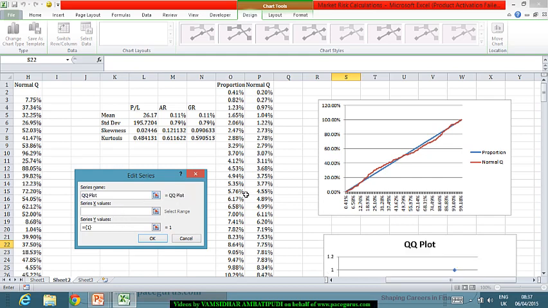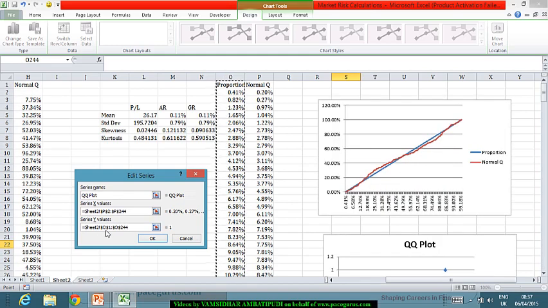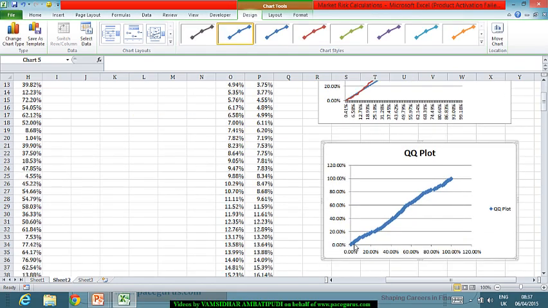On the x-axis, I'll take the normal quantiles, and on the y-axis, I'll take the original. So from here I could see that there is a kind of curve that is coming up slightly.